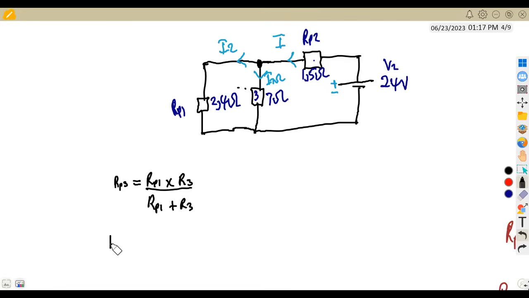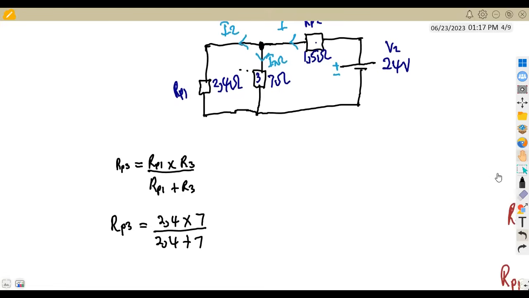RP1 being 2,4, we multiply 2,4 times the 7 ohm resistor over the sum, 2,4 plus the 7 ohm resistor. This is going to give us RP3, the one that is in parallel. Then we can determine the total resistance and so forth. All right.